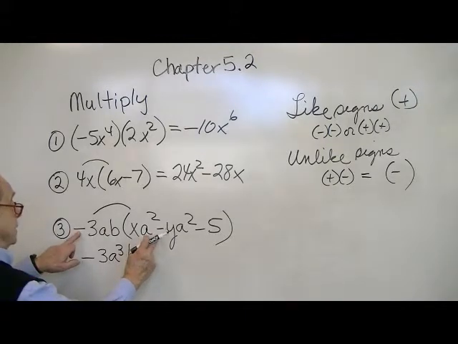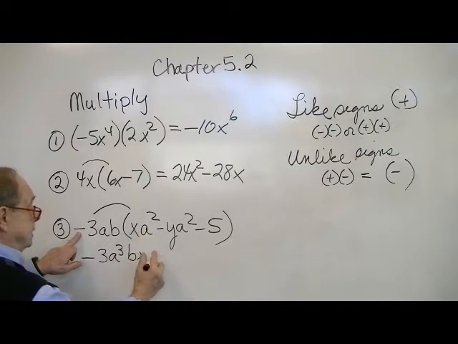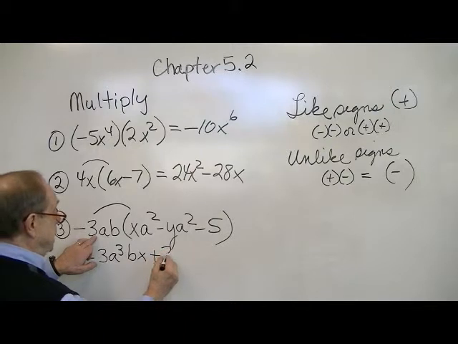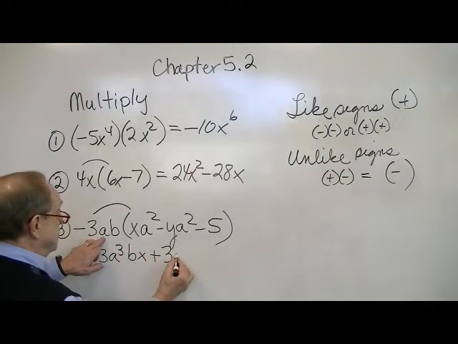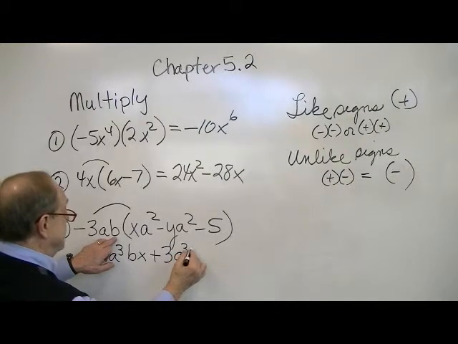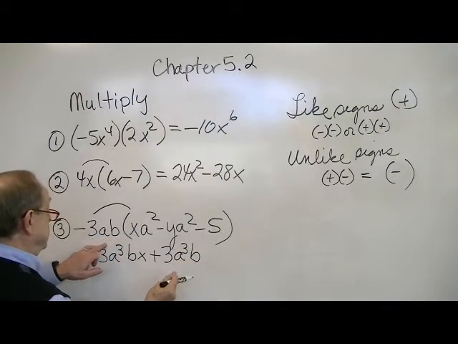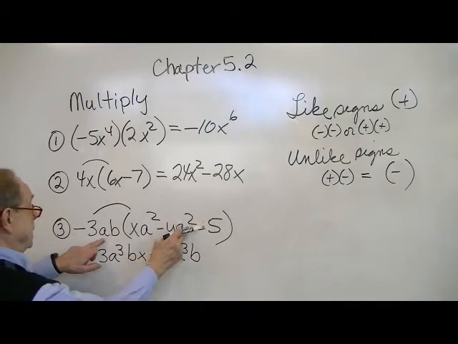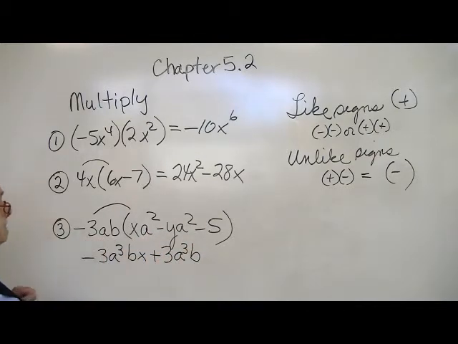Now here it's critical, negative times negative, that will give you a positive, 3, a to the 3rd, b, and checking it, correct sign, a to the 3rd b, yep.